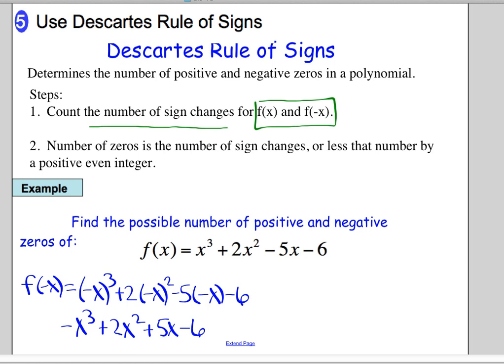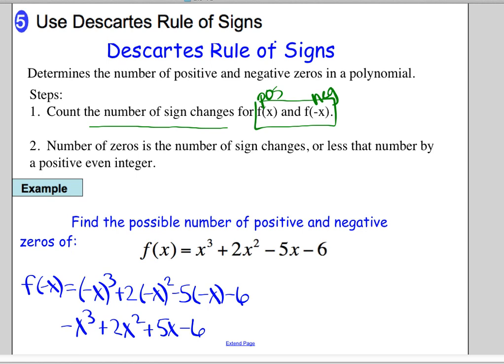As I go through each of those individually, we want to see where the signs change from positive to negative. This is different than even, odd, and neither. We're not going to compare f of x to f of negative x. We're going to look at them as two separate ones. The sign changes for f of x are going to be our positive zeros. The sign changes for f of negative x are going to be our negative zeros, and how many we have.